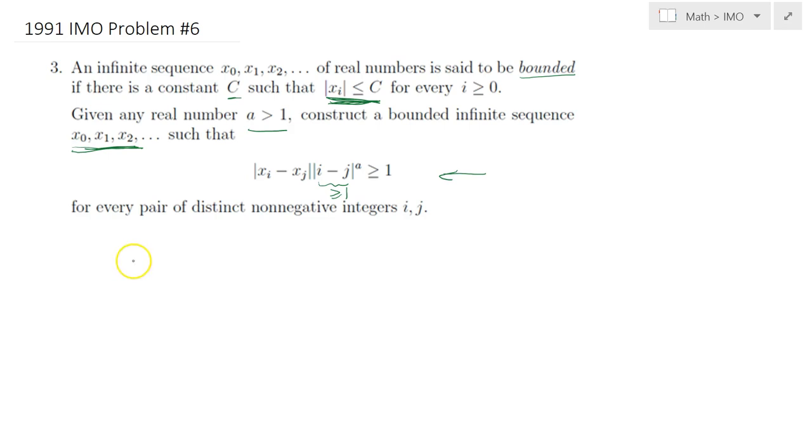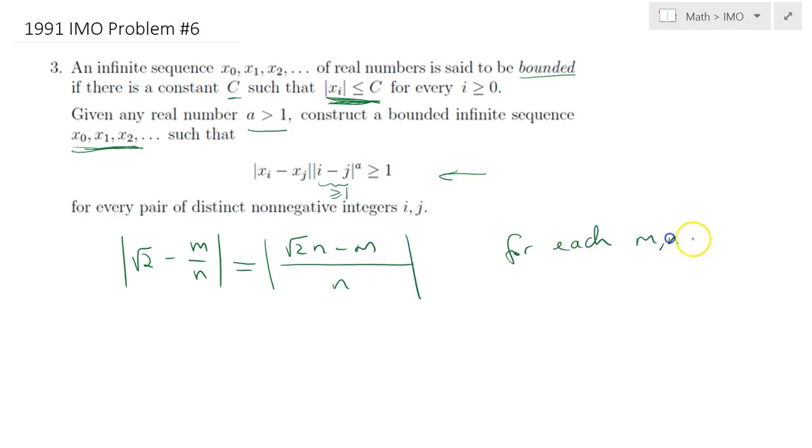So consider the distance from any rational number to the irrational number root 2. Finding the common denominator, that distance is equal to the absolute value of root 2 n minus m over n, for each m and n greater than or equal to 1, where m and n are integers.